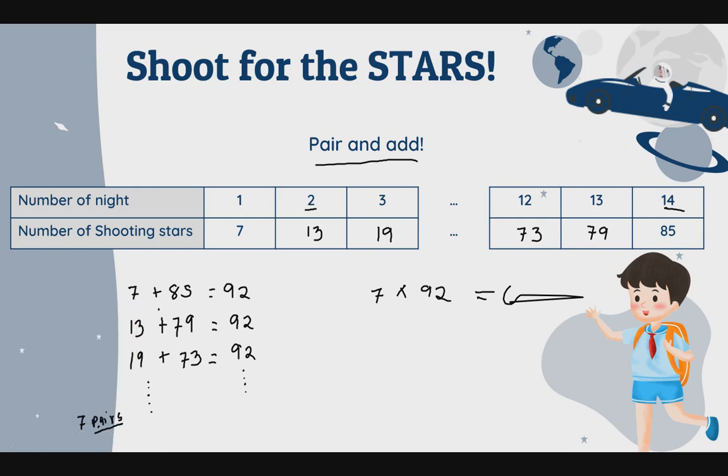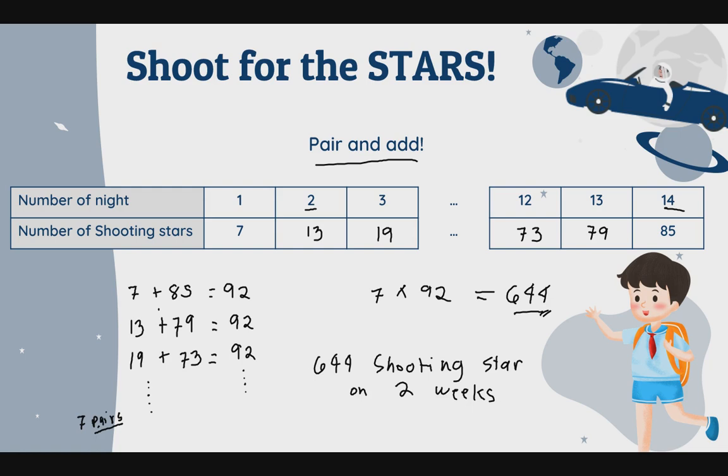We have a total of 644. So therefore, there are 644 shooting stars in 2 weeks of Jean's observation.